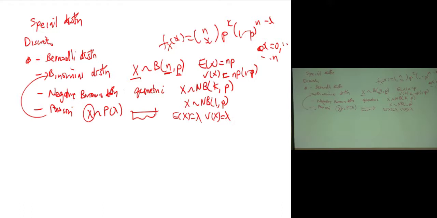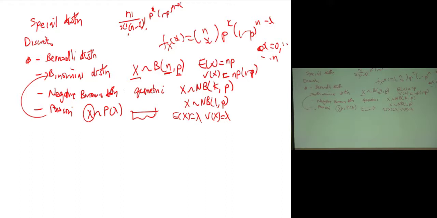So the idea of the Poisson approximating the binomial is to make use of the relationship between these two. In fact, when n is big and p is small, we can show that the probability function of a binomial is quite close to a Poisson distribution. This is the formula: n factorial over x factorial times n minus x factorial, times p to the x, 1 minus p to the n minus x.